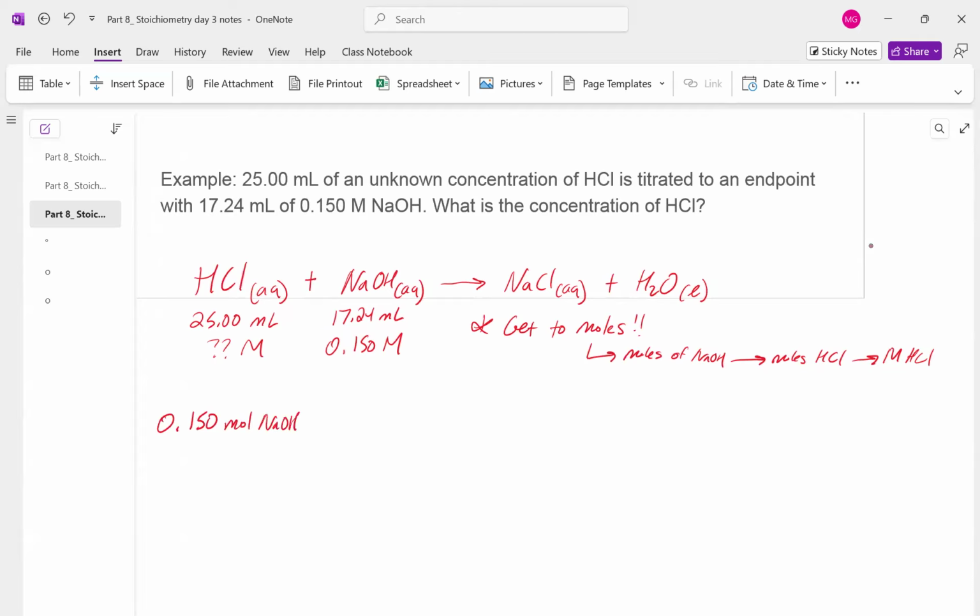That 0.150 molar means we have 0.150 moles of sodium hydroxide per liter of solution. That's the definition of molarity. And the first thing I'm going to do is get it in milliliters because that's what I've been given.